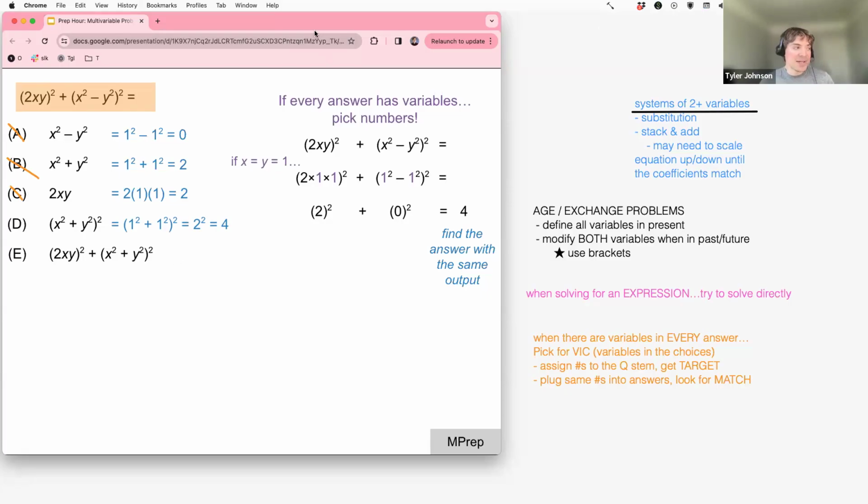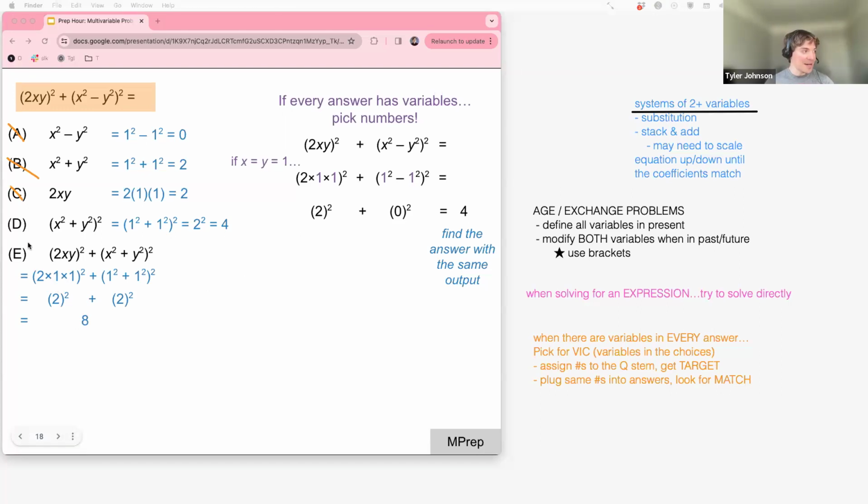One of the downsides to this technique is you need to test every answer choice because you might get a false positive. Every elimination I make, A, B, and C, are for sure eliminated. But if E also spits out a 4, that means I now have to test some different values until I break the tie. But thankfully, in this case, when I test E, I don't get a 4. So E is eliminated, and I know the correct answer is D.